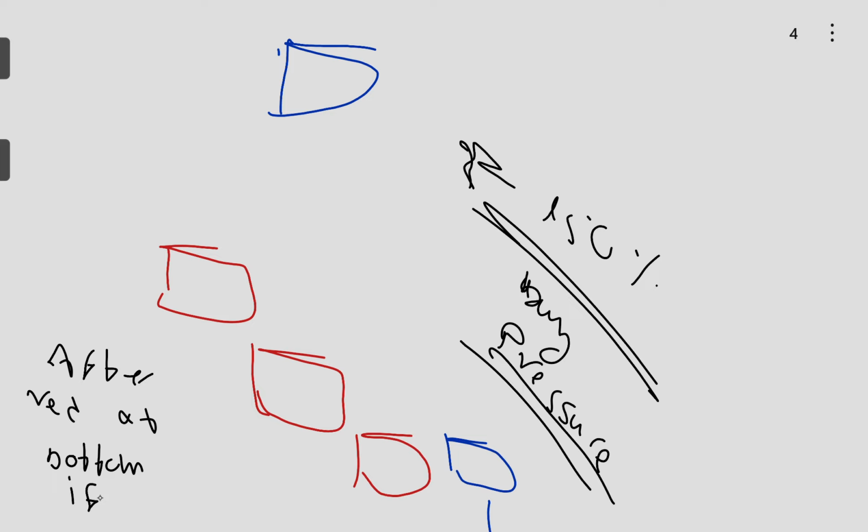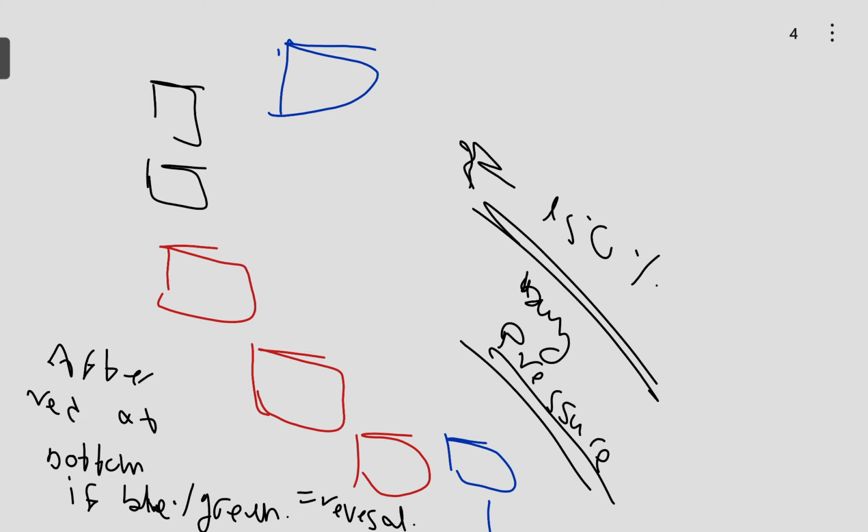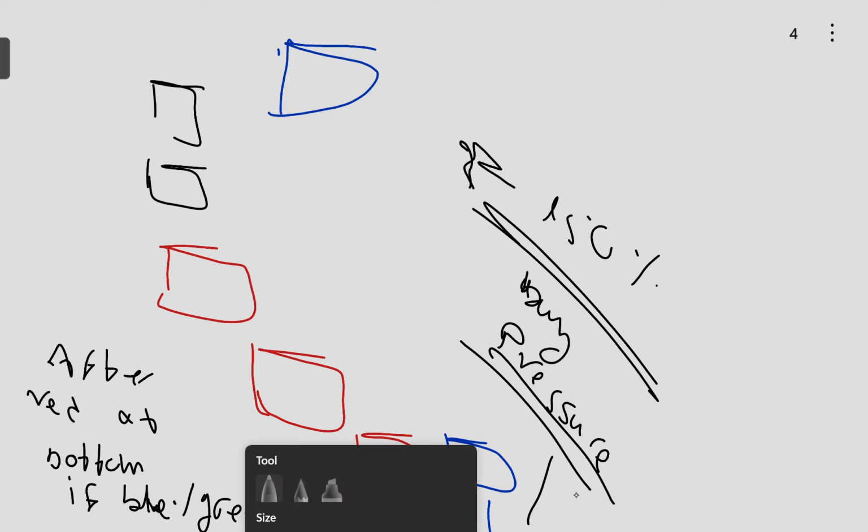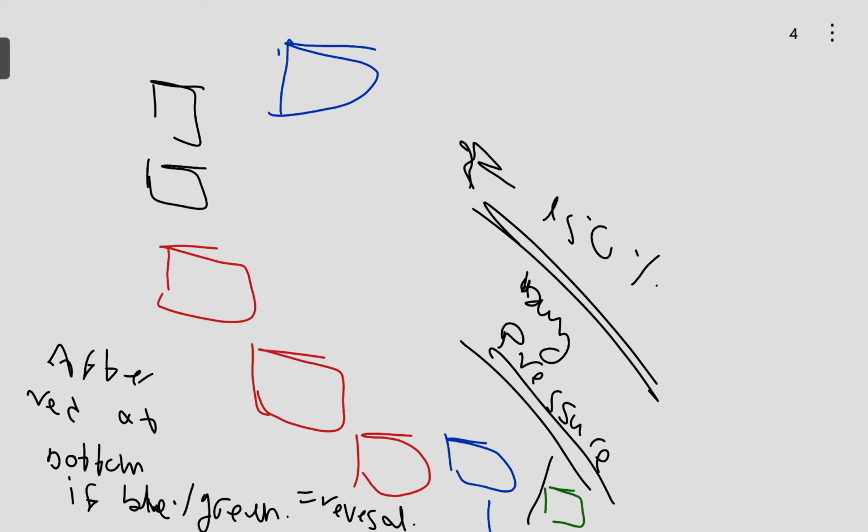It's not going to be like that all the time, but it's a sign of reversal. So if you see a big downtrend movement and big manipulation of red candles, and it doesn't have to be all of them red, it can also be like this, and you see at the bottom it's green or blue, then that's a sign of a reversal. All right, so we know that blue candle is 150% more buy pressure.